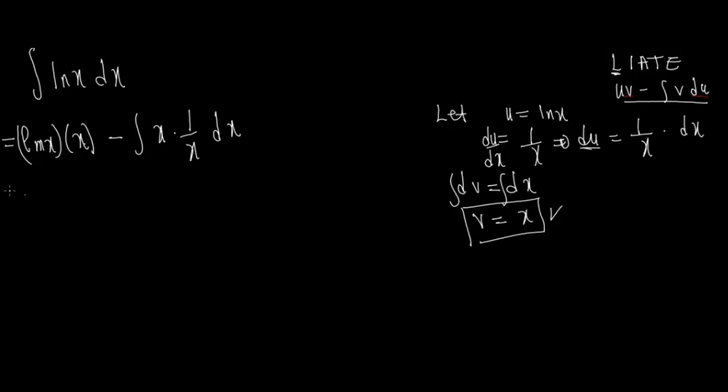So now we'll have ln x times x minus the integral of 1 over x times x. It is just dx. So we'll have ln of x times x minus, what is the integral of dx?